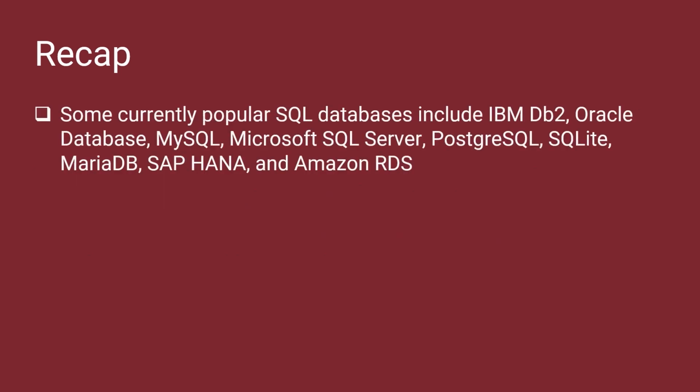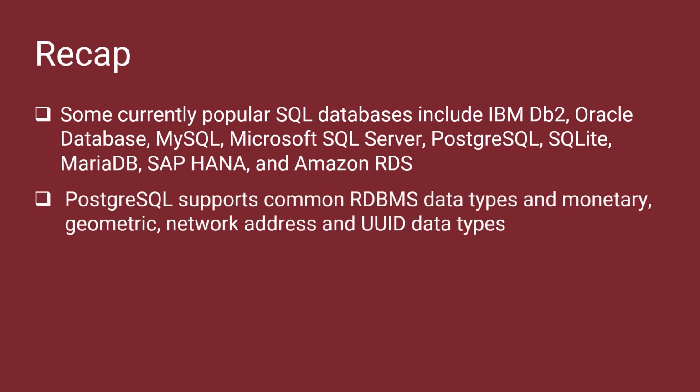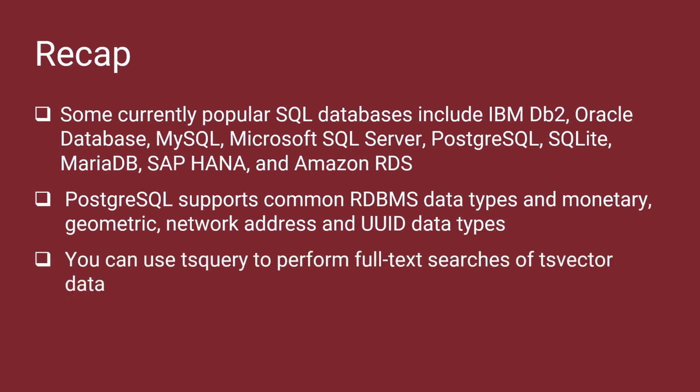Some currently popular SQL databases include IBM DB2, Oracle Database, MySQL, Microsoft SQL Server, PostgreSQL, SQLite, MariaDB, SAP HANA, and Amazon RDS. PostgreSQL supports common RDBMS data types and monetary, geometric, network address, and UUID data types. You can use TS query to perform full text searches of TS vector data.